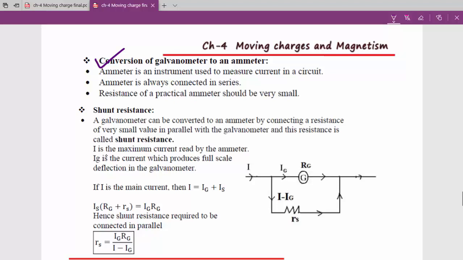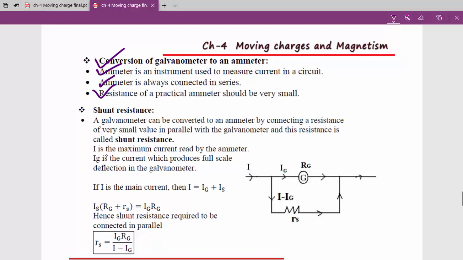An ammeter is an instrument used to measure current. It is always connected in series with the components, and the resistance of an ammeter should be very low because it is recording current, it should not oppose.